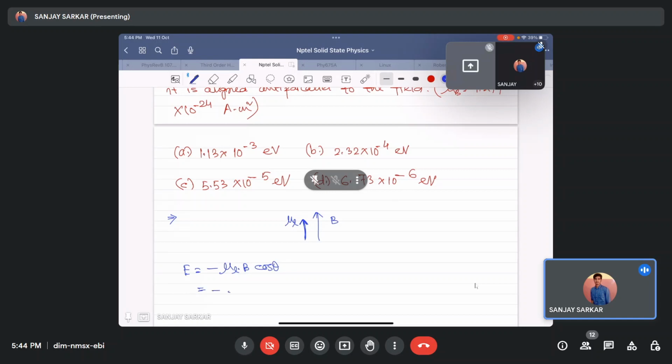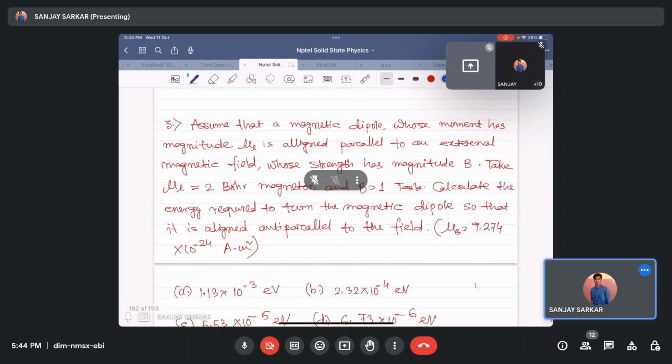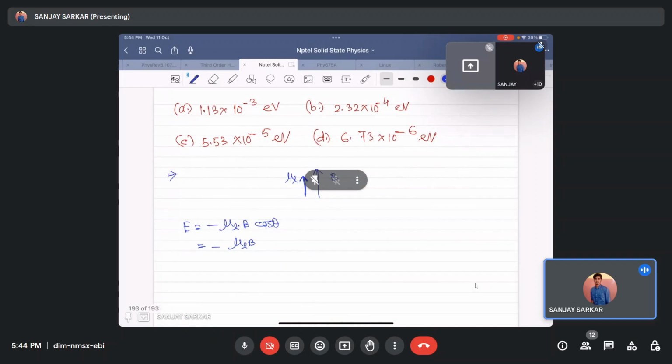That means E is just minus mu l B. So the question was to calculate the energy required to turn the magnetic dipole so that it is aligned anti-parallel to the field. The magnetic field is along this direction, but we want mu l opposite to the magnetic field. So for the first case the energy is minus mu l B.